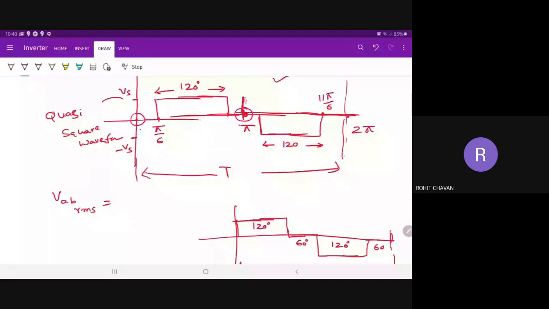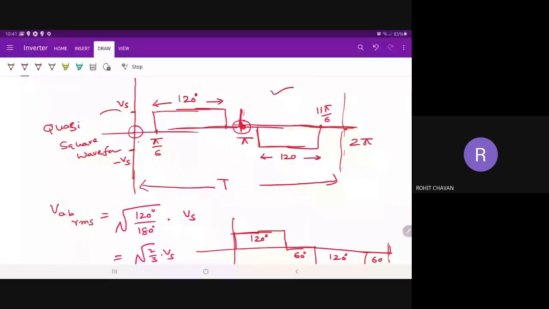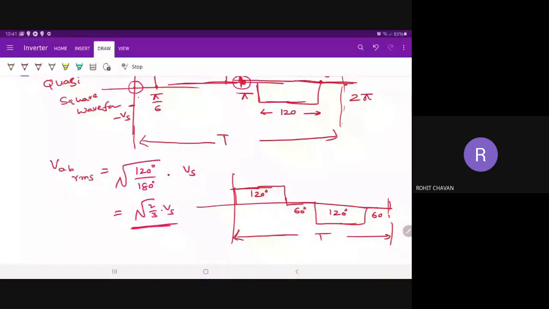Therefore, its RMS value is 120 degrees by 180 degrees into its peak value, which means it is root 2 by 3 VS. If it is a complete square waveform, instead of 120 degrees, you will get 180 degrees, so that means you will get VS. The RMS value of this waveform is root 2 by 3 VS.